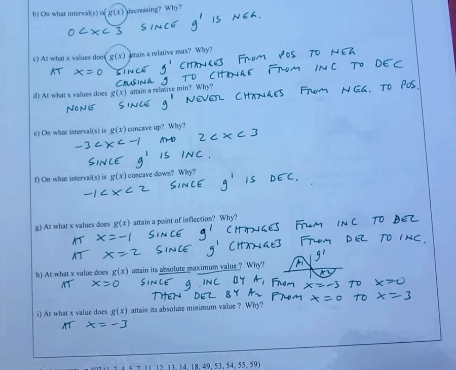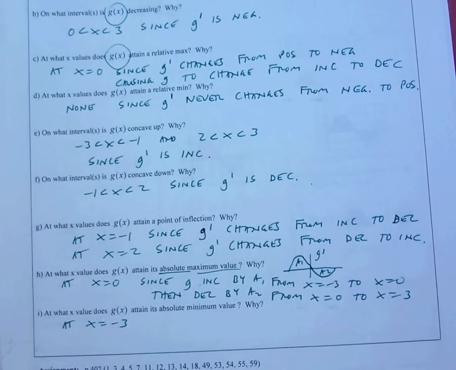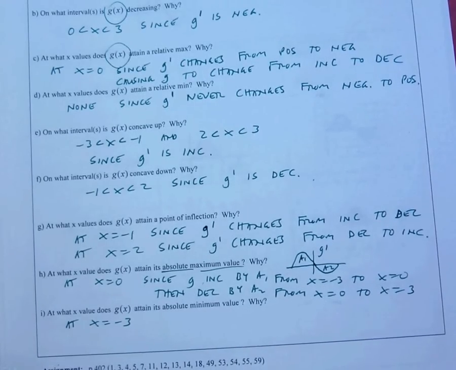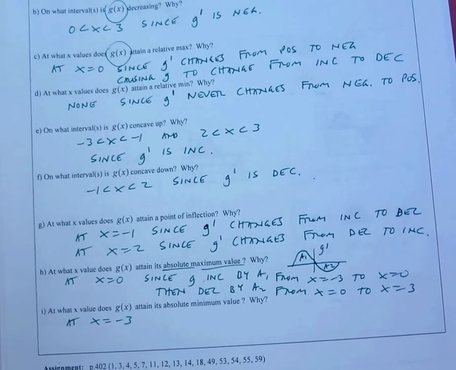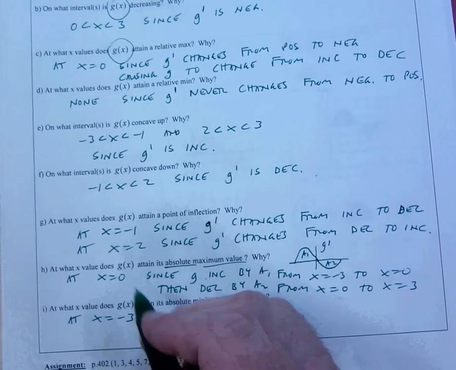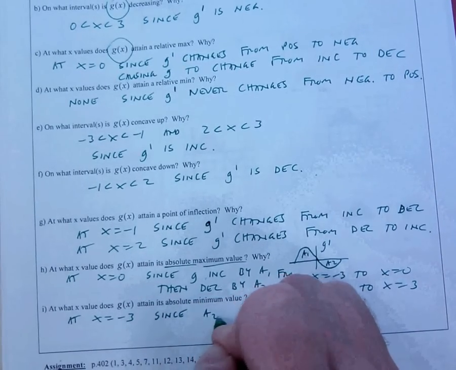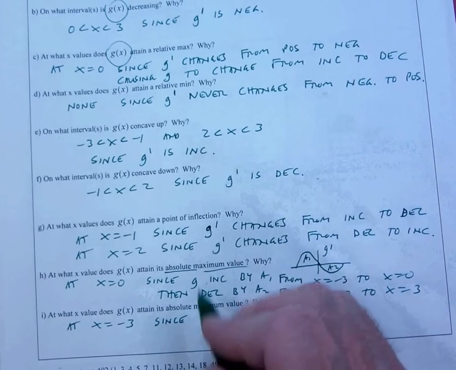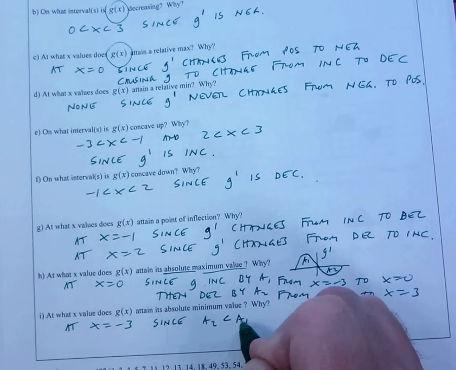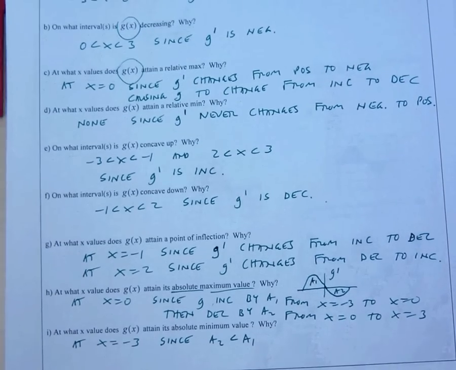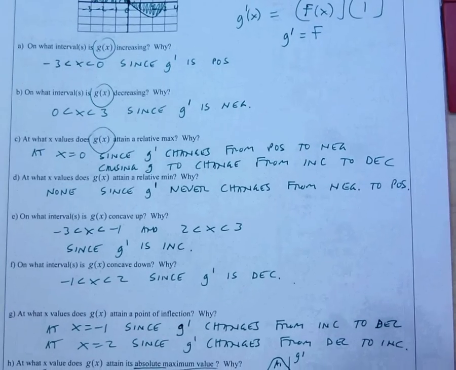Again, okay, so here's the reasoning, guys. Since area 2 is smaller than area 1, isn't it? Isn't area 2 clearly smaller than area 1? Isn't this area here smaller than area 1?